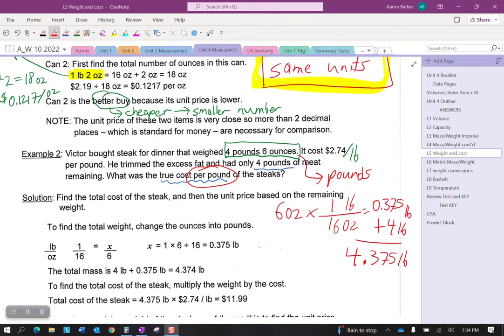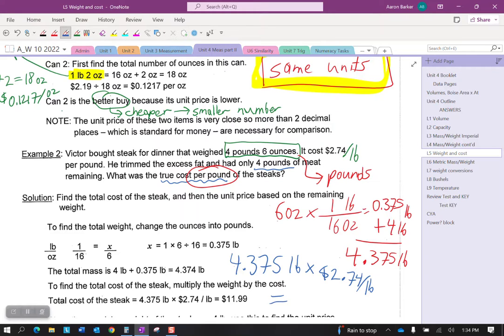So we're going to take the $2.74 now and divide it by the total. Take the $2.74 times it by 4.375 pounds. 4.375 pounds times $2.74 a pound.